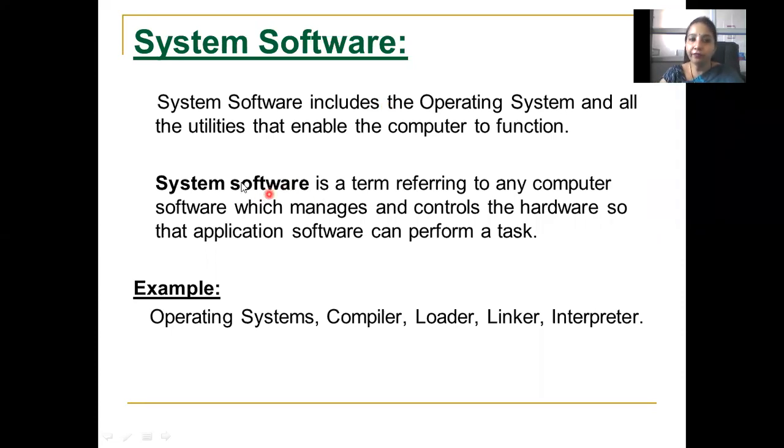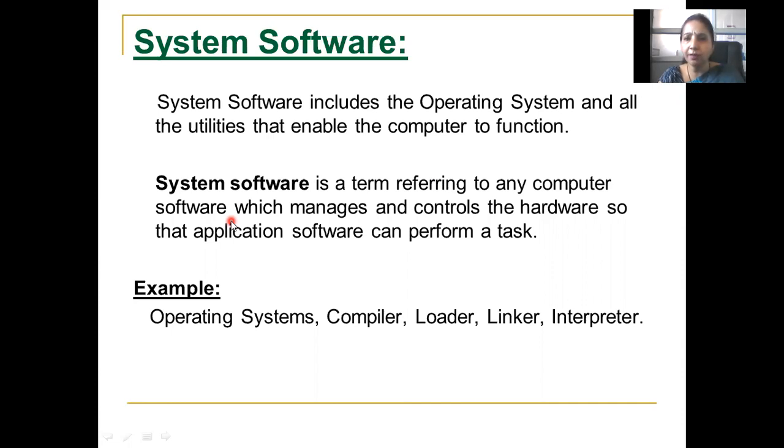System software is a term referring to any computer software that manages and controls your hardware. The one that will control and manage your printer and monitor is system software. An application software we simply call an app. If I am talking about the Punjab Educare app, just open it and see all your chapters.